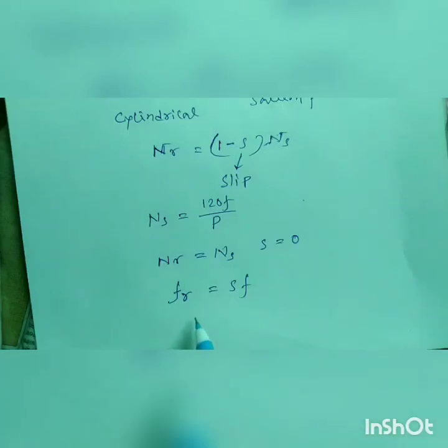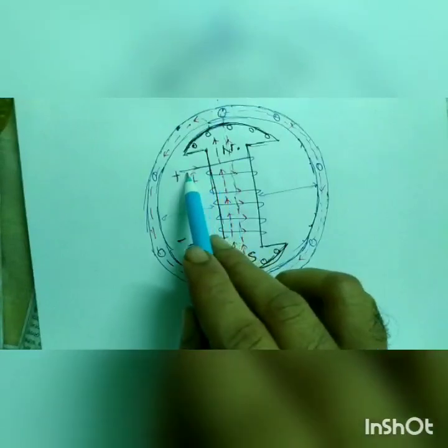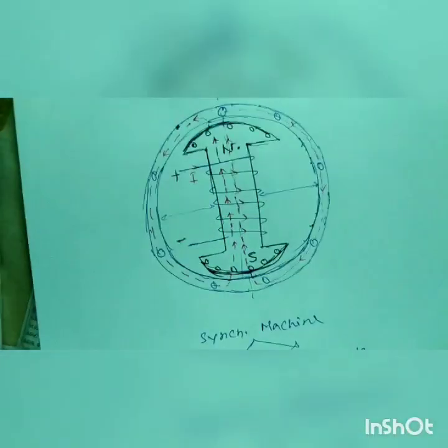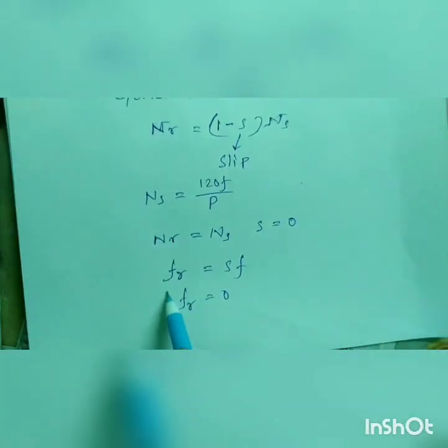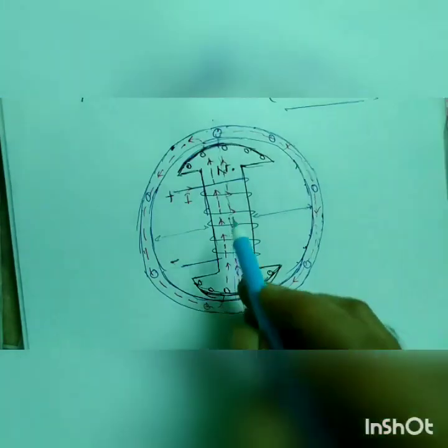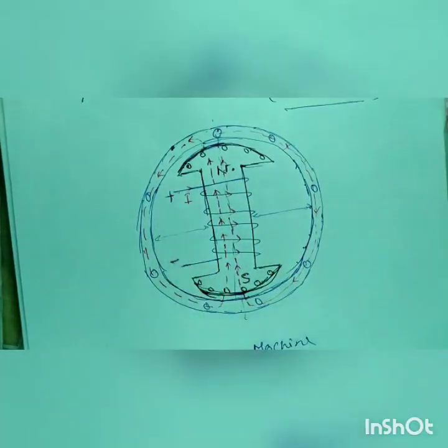So then only we can make it 0. fr will be 0 if we use a DC source in the field winding. Is it fine? So it is only possible when we use a DC voltage source in the field winding.